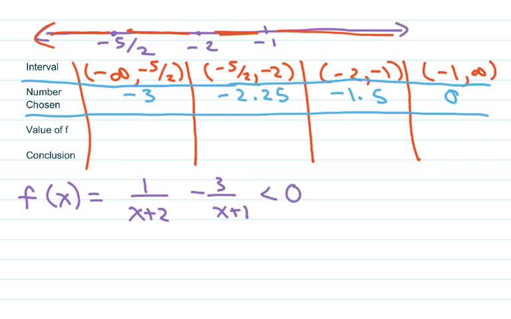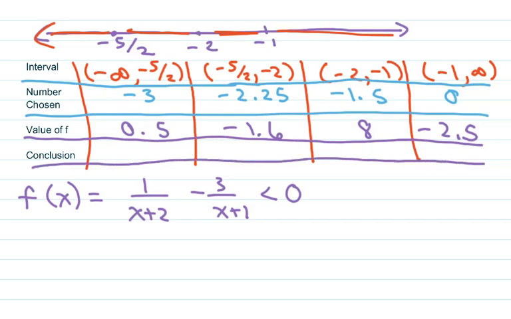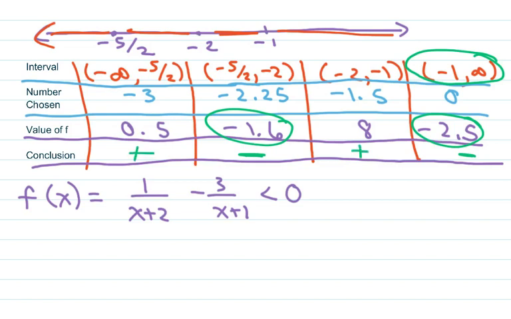So when I plug it in, I'm going to get 0.5, negative 1.6, 8, and negative 2.5. All right, and we want negative, so we have two negatives here, that's negative, and this one. So I want these two intervals. We do not want the positives.